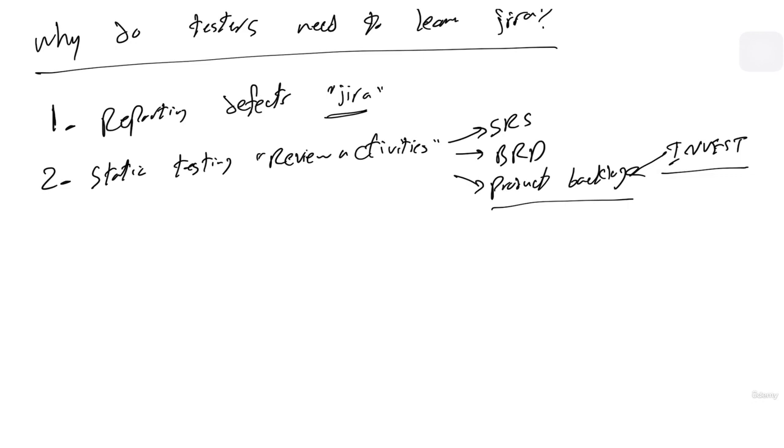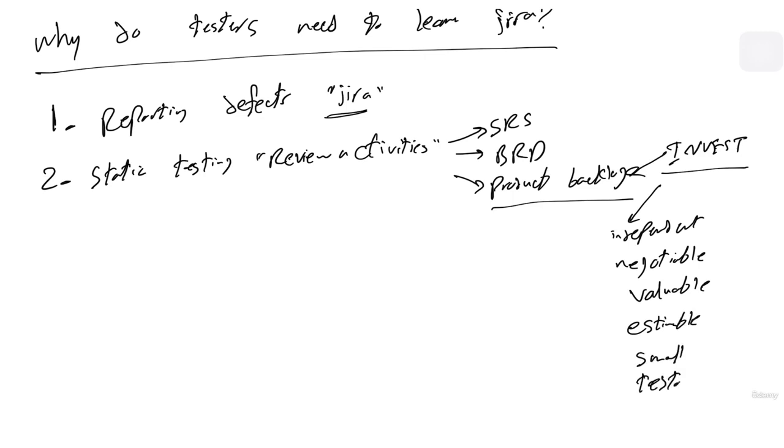The INVEST technique makes sure that the user story is independent, negotiable, valuable, estimable, small, and testable. Those are the 6 aspects of the user story. Your responsibility as a software tester is to review them.